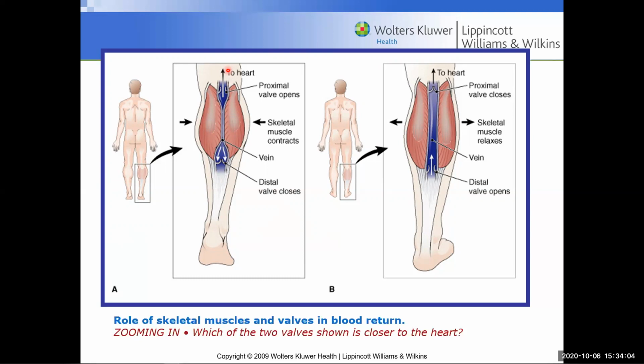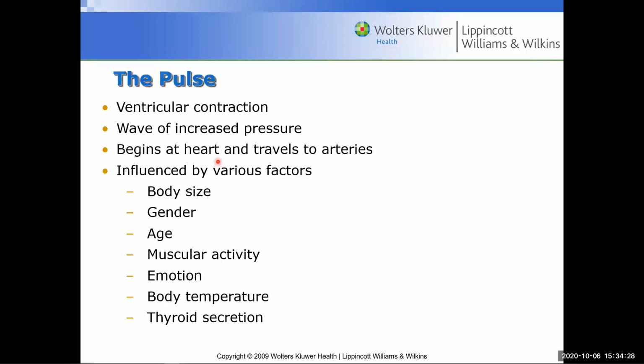So to compensate for their lack of musculature, they locate themselves within a muscle, namely the gastrocnemius, so that when contraction of that muscle occurs, it squeezes on the vein, which then forces the blood up towards the heart. So that's one accommodation that is made.